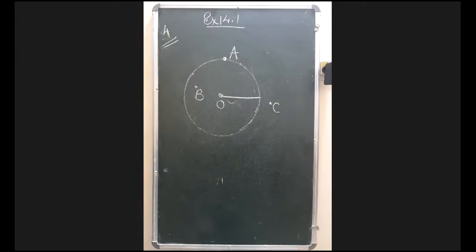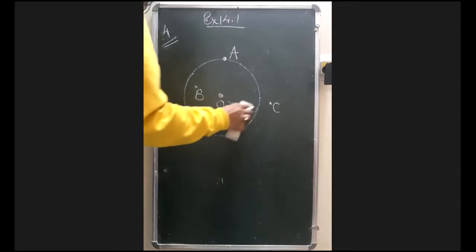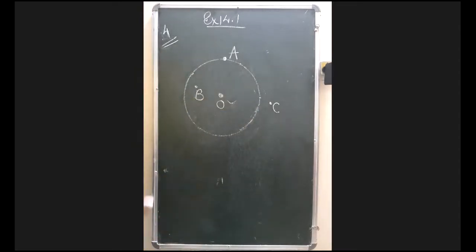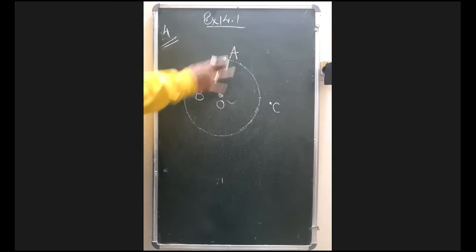You must be taking any radius of it, so you have to draw the circle in such a way that you don't need to take a radius, you have already drawn it. If you want to draw it, it's fine, but there will definitely be some center, so that we have taken it. Now you have to take point A in such a way that it should be on the circle. Point B should be in the interior of the circle.